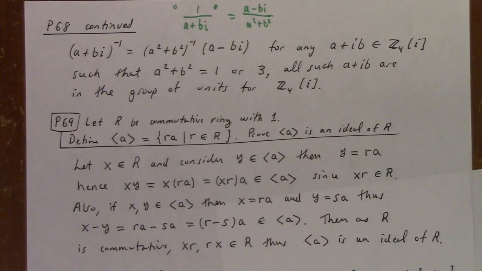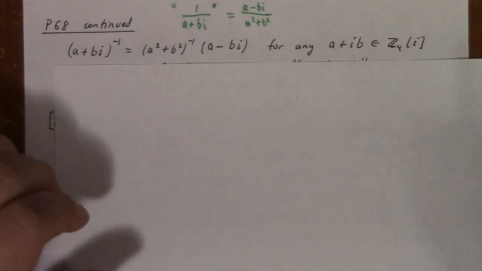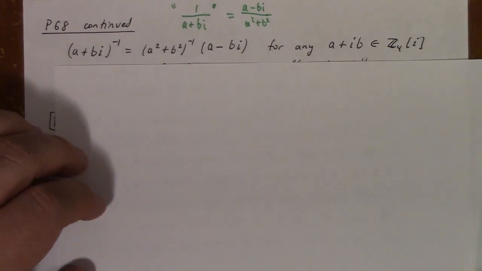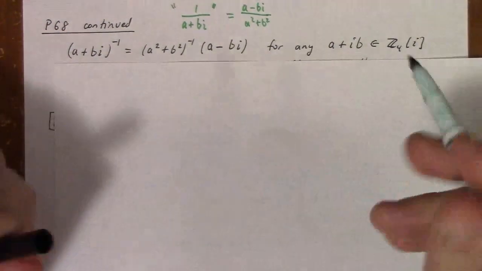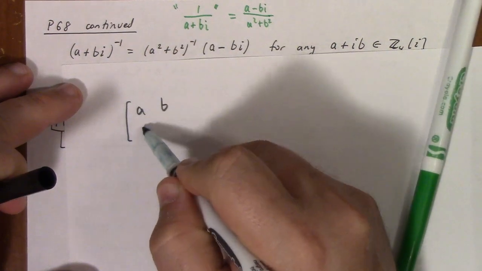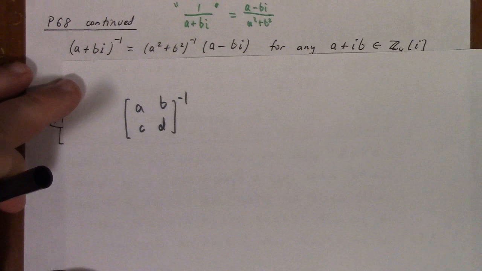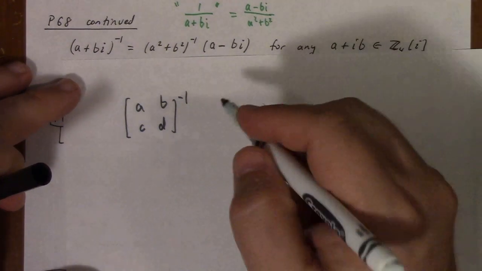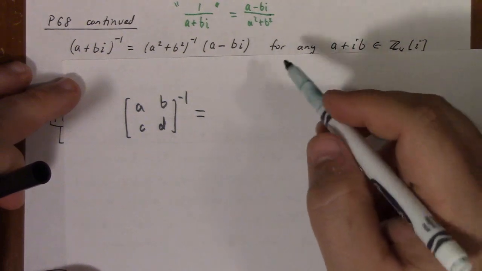Now, just one more thing before I forget, because I said I should tell you guys this. If you're calculating the inverse of the matrix [A, B; C, D], this formula I'm going to show you is true in any commutative ring.